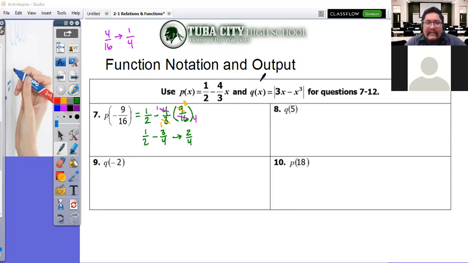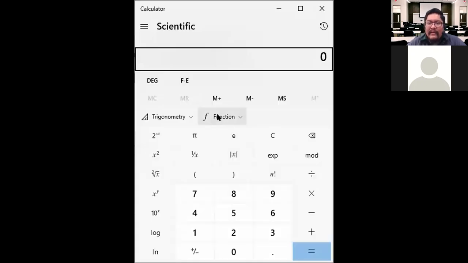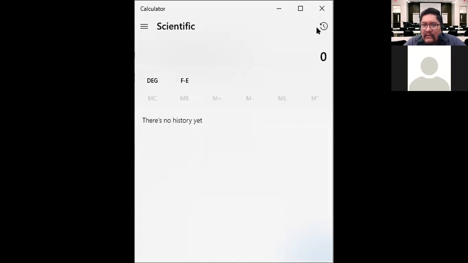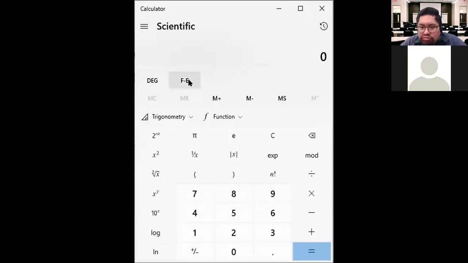Now, one thing that I would say confuses people is that oftentimes they look at two fractions like 1/2 and 2/4, and they think, oh man, those are different numbers. Well, yeah, they look different.